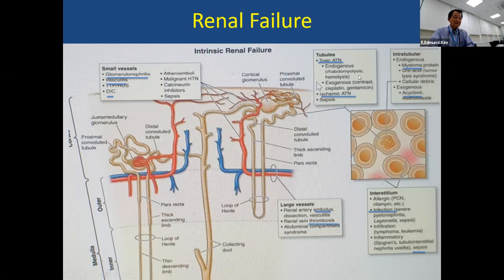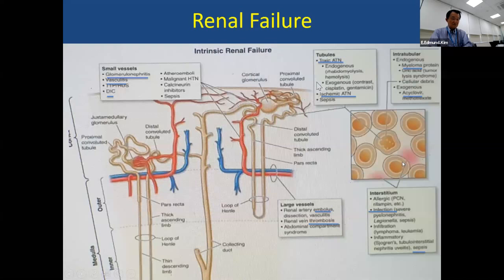But rhabdomyolysis, hemolysis, contrast agent, cisplatin, gemcitabine, all these toxic agents damaging tubules can cause this renal failure, and also endogenous IgM protein in multiple myeloma, and uric acid in tumor lysis syndrome in many cancer patients, and certain acyclovir. There's an antiviral drug that sometimes causes this intratubular disease.